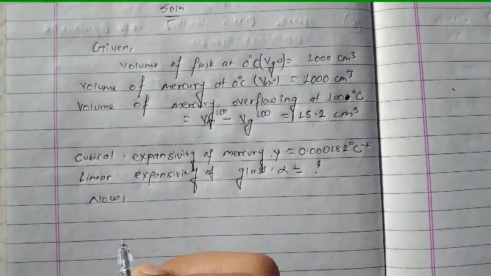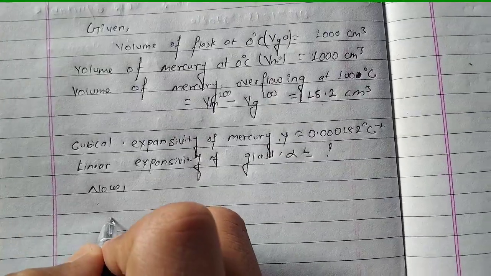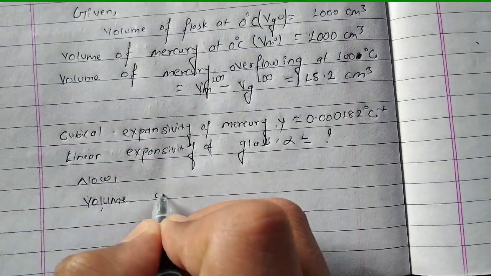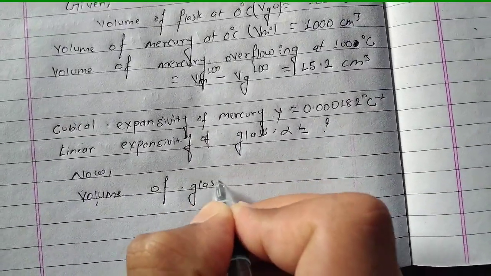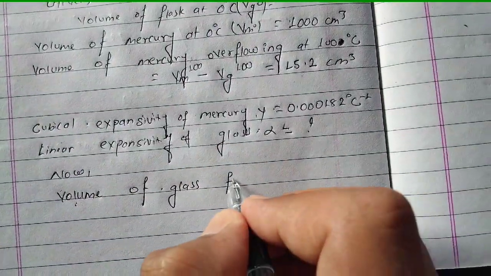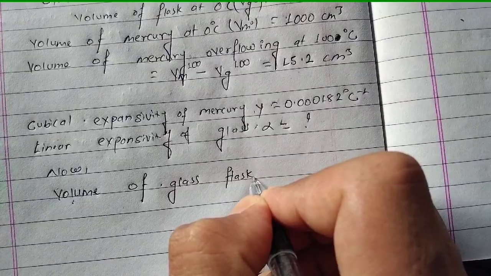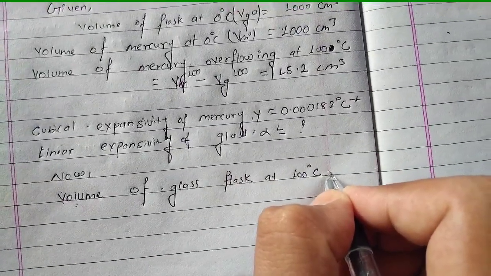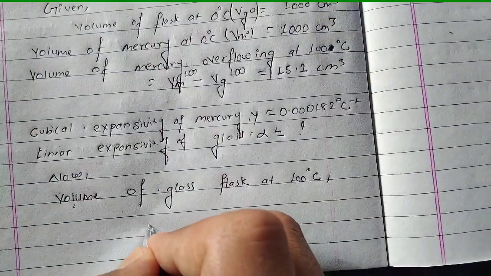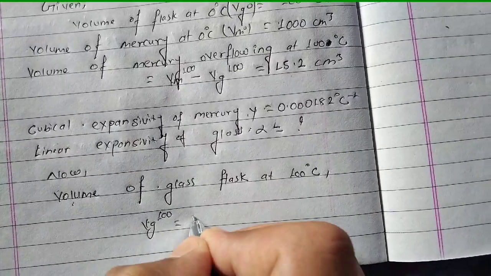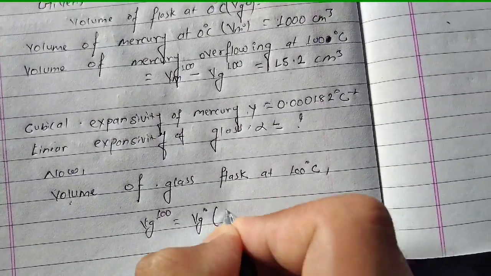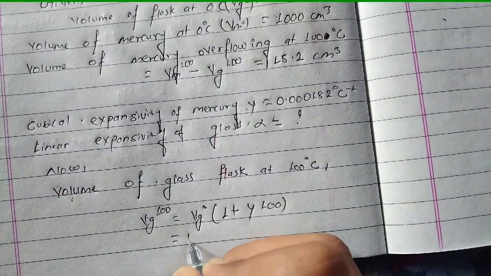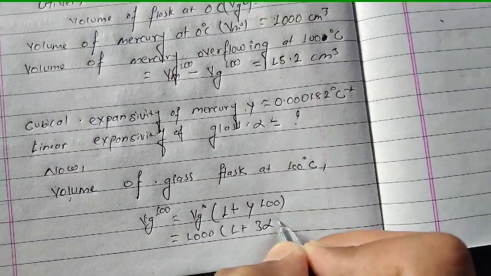Now, volume of glass flask at 100 degrees Celsius: Vg100 equal to Vg0 into 1 plus gamma into 100, meaning 1000 into 1 plus 3 alpha into 100.